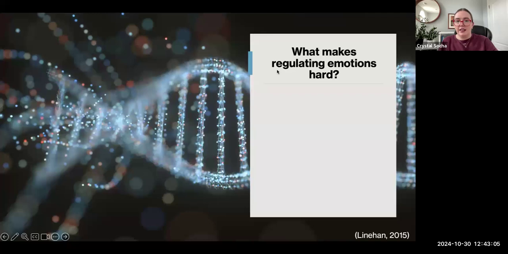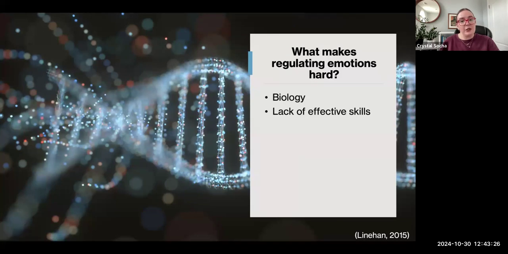Definitely. So I think we covered many of these. Biology and the impact that our bodies and genetics have on us makes it all the more difficult to regulate emotions. We could be hardwired as someone who's a highly sensitive person, and it makes it, again, all the more difficult to regulate those really difficult, intense emotions. We might not have the skills, or we might not have effective skills.